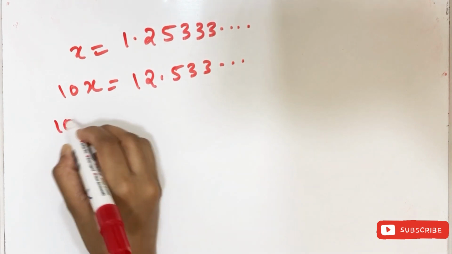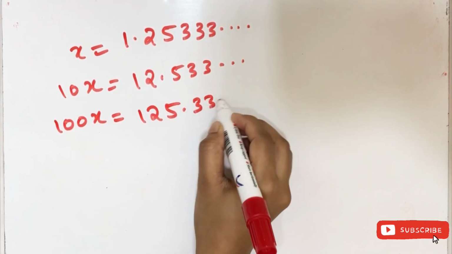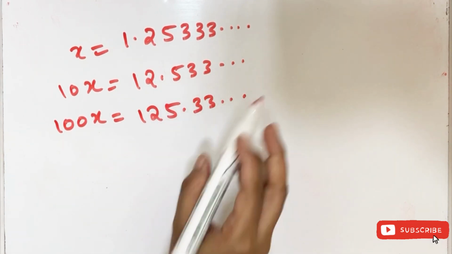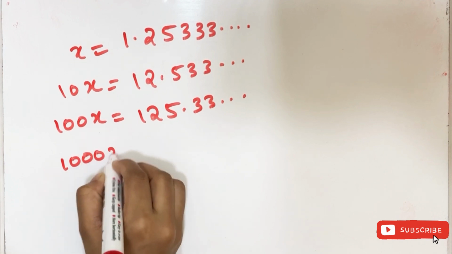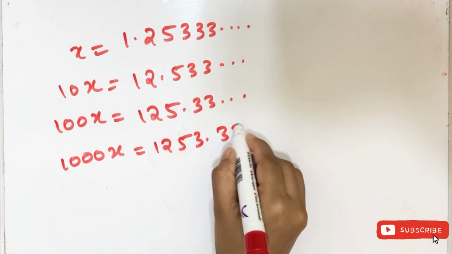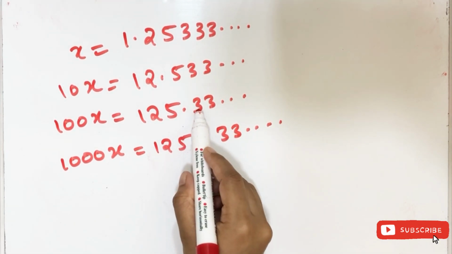No use. Again 100x. 100x is 125.33, etc. Here after the decimal 3, here after the decimal 5, no use. Again, 1000x is equal to 1253.333, etc. Here after the decimal 3, here after the decimal 3.